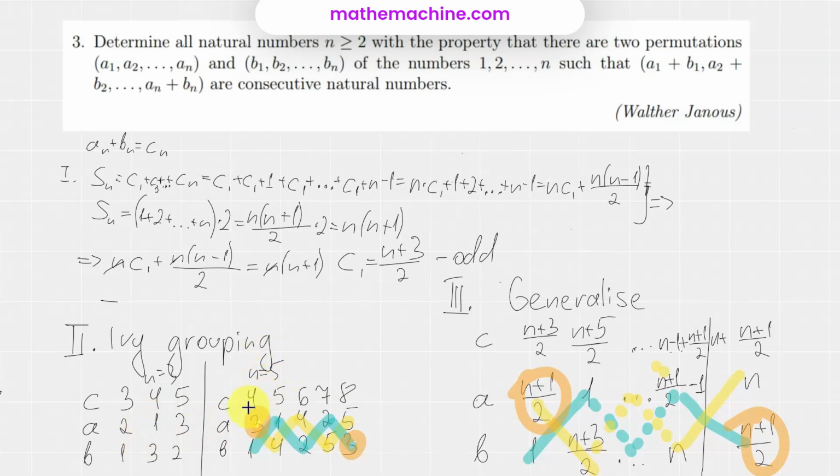If n equals 5, we get C from 4, 5, 6, 7, 8. And then let's try to do the same. Under 8, the largest C, we try to put the largest A and B. We put the yellow largest A, then the yellow largest B, then the second largest yellow A, then the second largest yellow B, and so on and so forth.